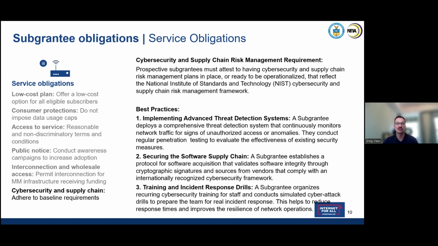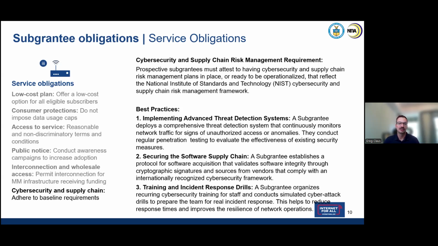If you're not familiar with those, I highly encourage you to look at those. They're available online. There's a 2.0 version that's also available. The requirement here is that once the network is deployed, you have these practices in place and that you're operationalizing them. You'll also have to explain further what your practices will look like in your application when you submit.